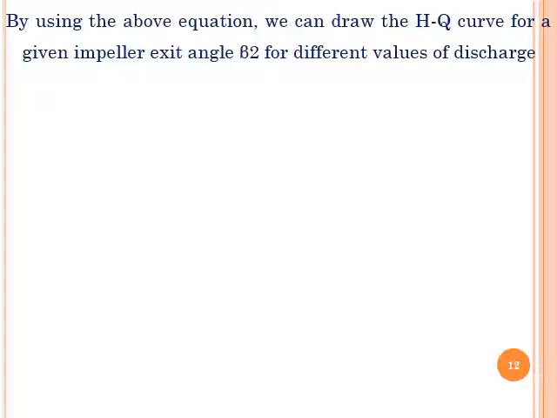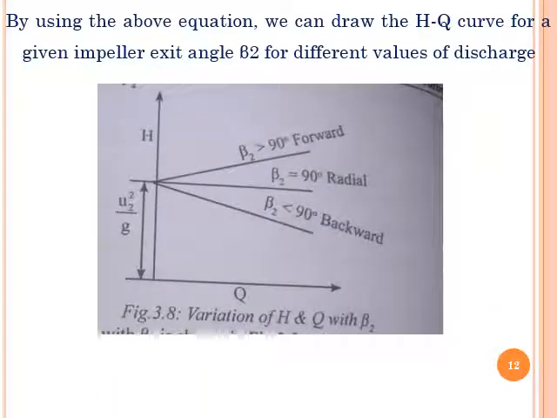By using the above equation, we can draw the head discharge curve for a given impeller exit angle beta 2 for different values of discharge. So after taking the different angles, the head and discharge curve is plotted over here. Here the x-axis shows the discharge or capacity of flow and the y-axis shows head.